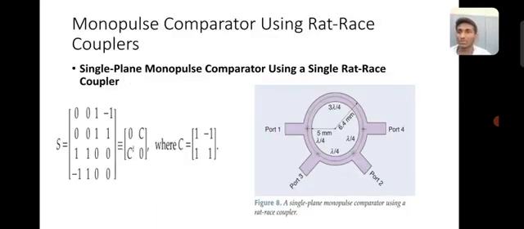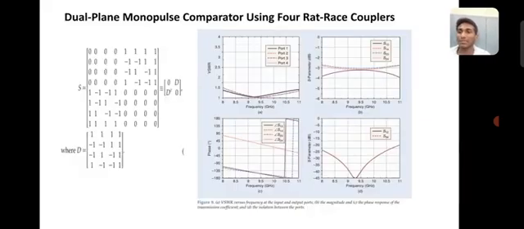And the monopulse comparator using a rat race coupler, like a single plane monopulse comparator using a single rat race coupler, is another classification of monopulse comparator. You can see the diagram for the single plane monopulse comparator using a rat race coupler. And here is another matrix defining the monopulse comparator impedances.